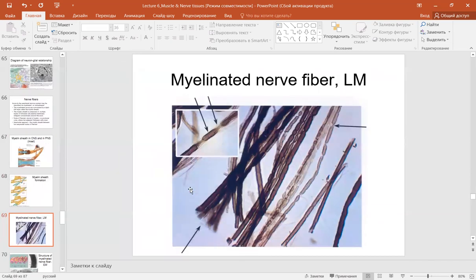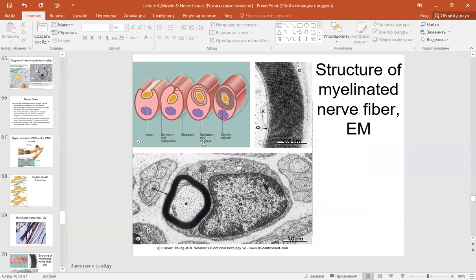And this myelin sheath is depicted here on the light microscopic level. The myelin sheath of the myelinated nerve fibers. Here you have the node of Ranvier. Here you have the node of Ranvier. Here you have the myelin segment of one single Schwann cell.